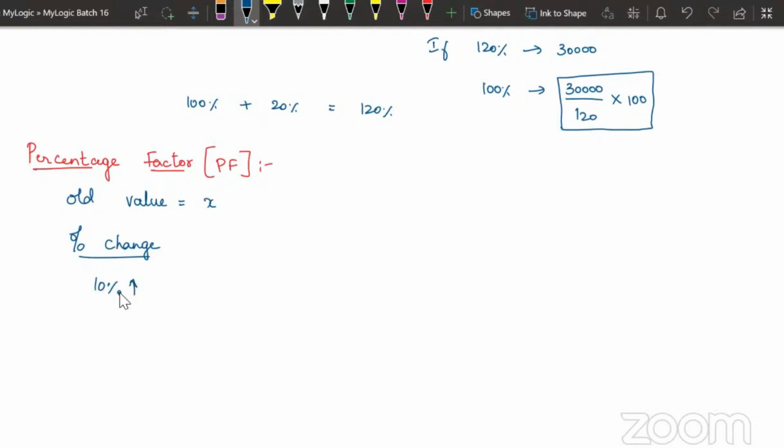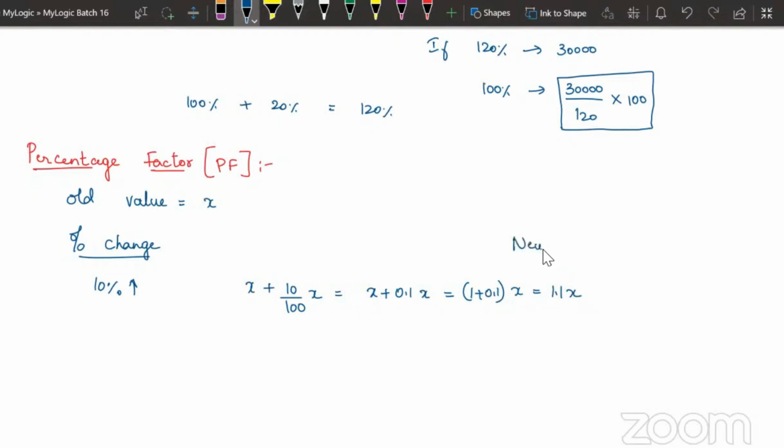For a 10% change, original value is x. We add 10% of x, which gives you x plus 10 by 100, that is 0.1x. Now take x common, you will get 1 plus 0.1, which is equal to 1.1x. Hope this is clear. This is for 10% increment.